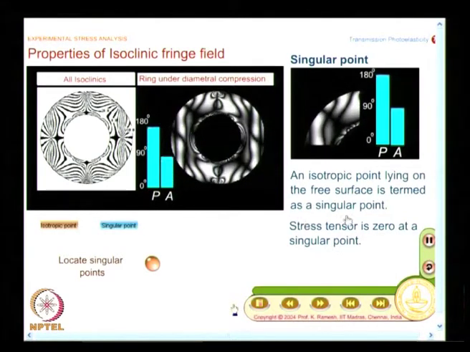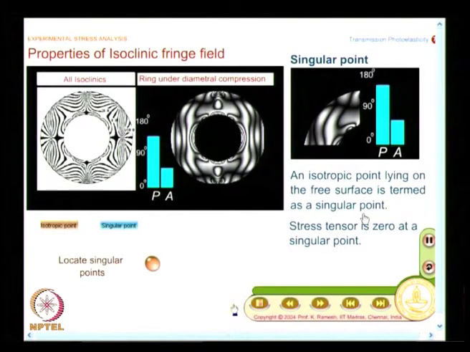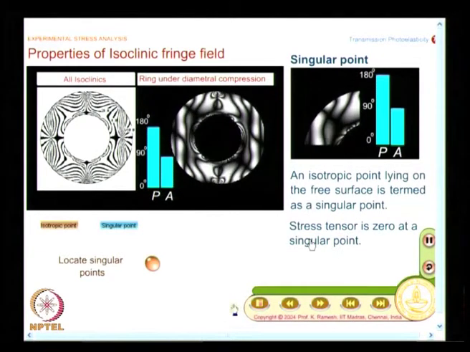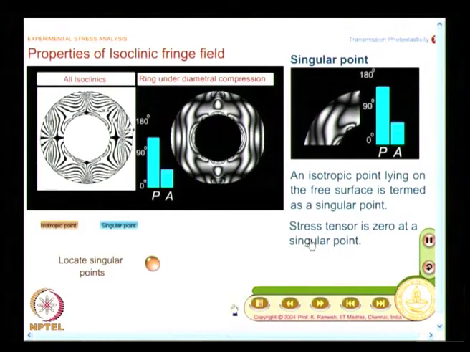So, what happens in a singular point? We not only have fringe order 0, but stress tensor is also 0. Why is it 0? Because it is a free surface, there is no stress acting perpendicular to the direction, it can only be tangential, and you do not have anything perpendicular, that is 0.